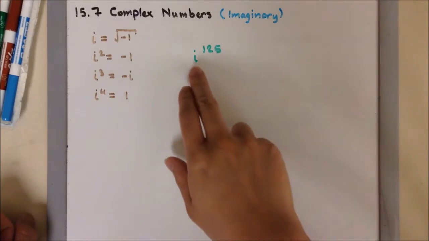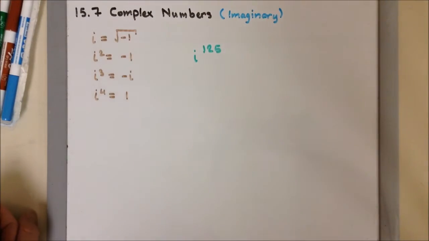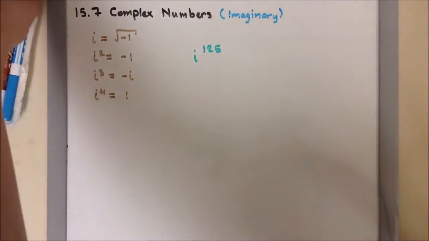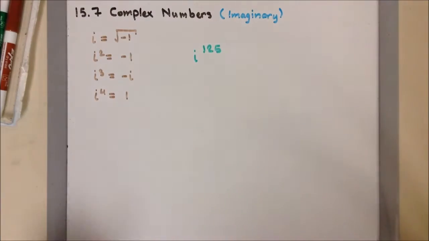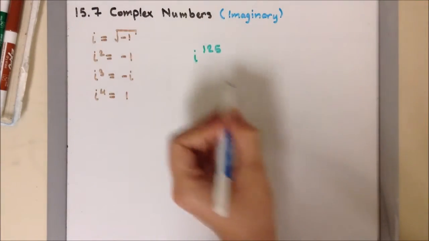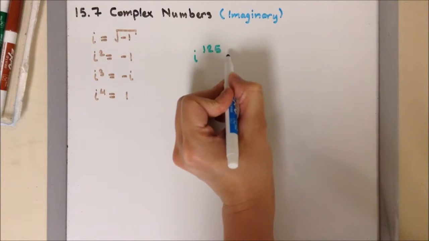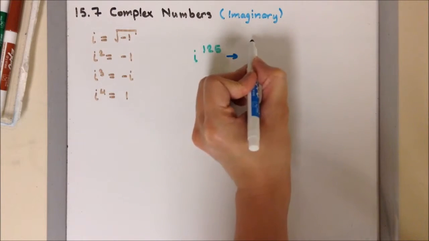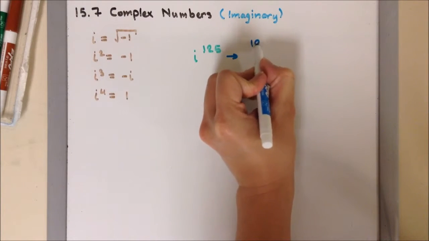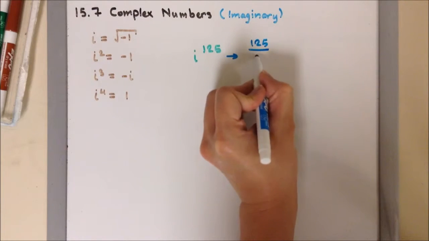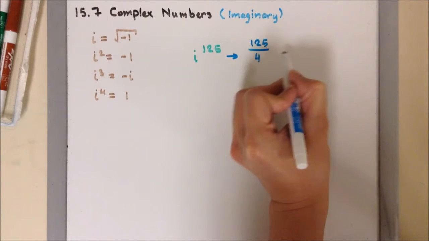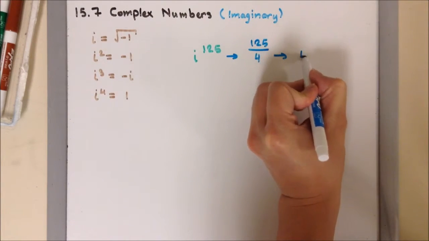In this example, we have i to the power of 125. So again, I mentioned how it's very tedious if you were to write the i's out 125 times, which is, again, too much work. So I'm going to work with the exponent, 125 divided by 4. So we're going to do this long division way.